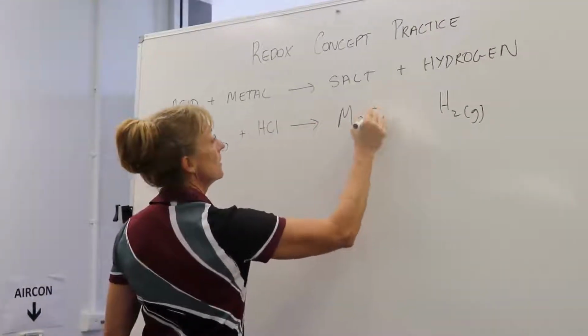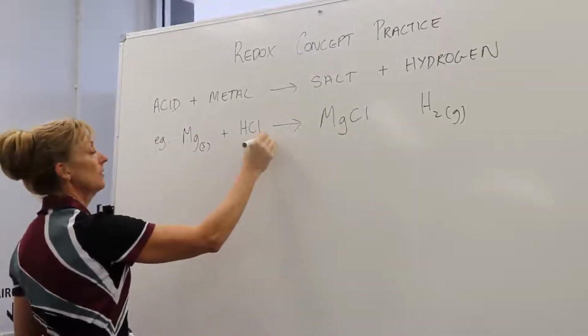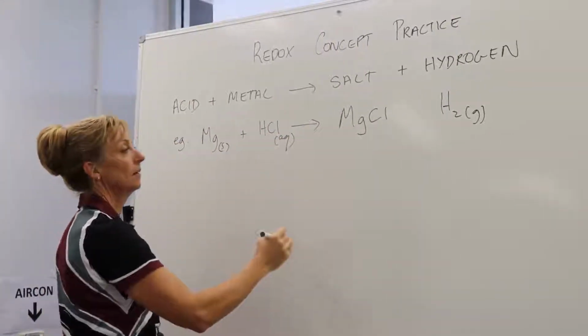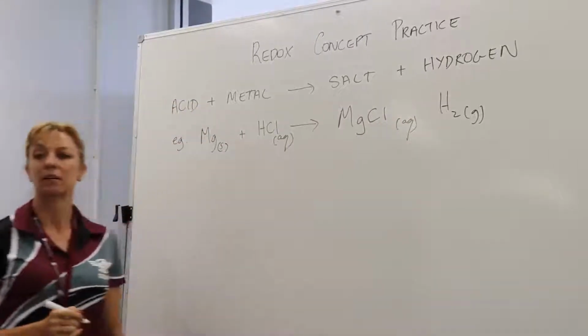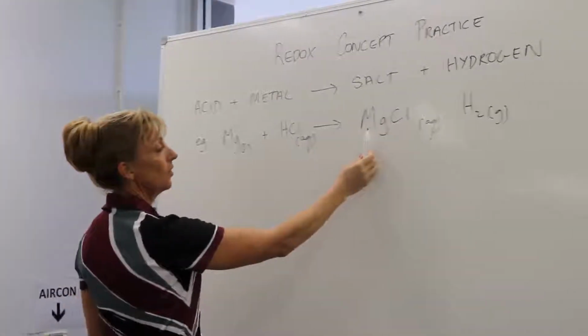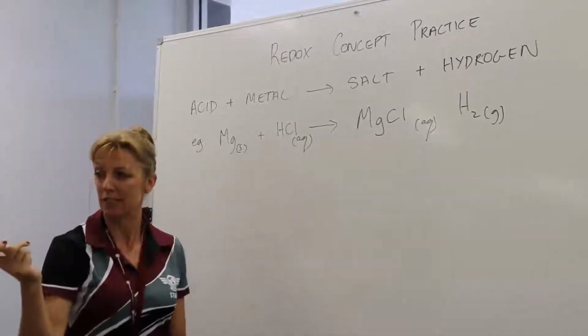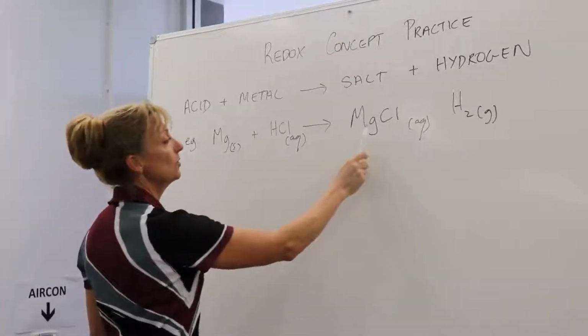And you need to then check the formula. Is that the right formula for magnesium chloride? No, because it's unbalanced. Two chlorines. Very good. Plus 2. How do you know? Periodic table. I showed you that yesterday. The valence: it's in group 2, plus 2.